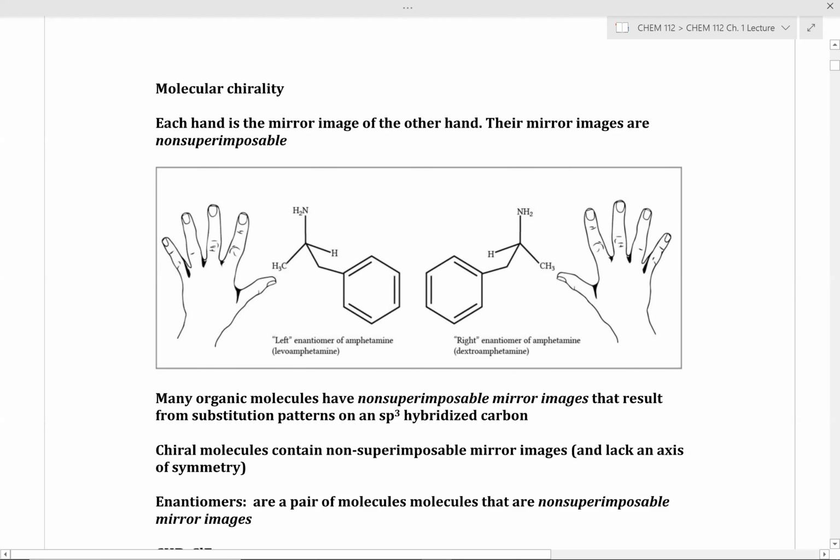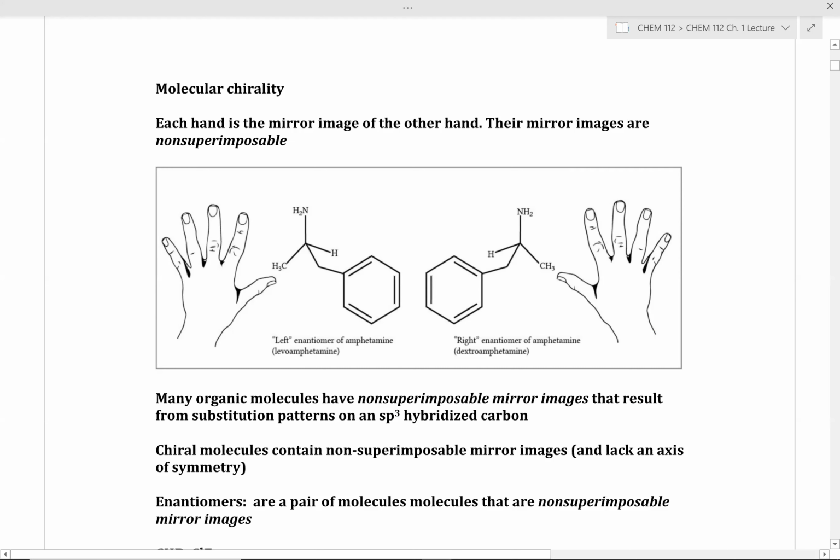So if you take your hands, for example, and try to bring your hands on top of each other, even though your left and right hand look very similar, no matter how hard you try by rotation, they'll never exactly match. They have a different relative arrangement. Your fingers are arranged differently in 3D space on each hand, and no matter how hard you try to bring them and overlay them, they'll never be a perfectly superimposable set of mirror images.